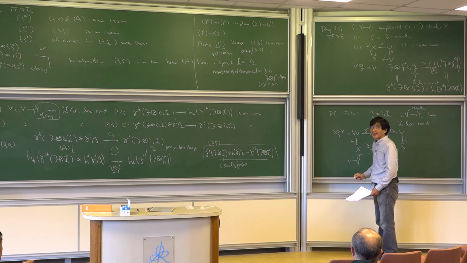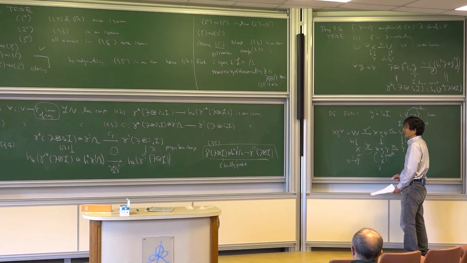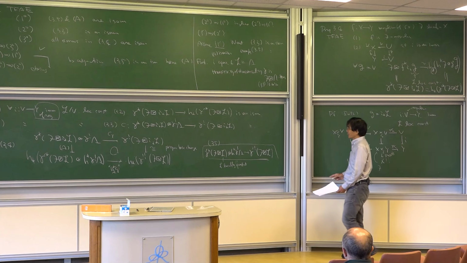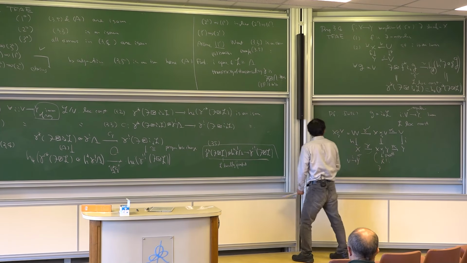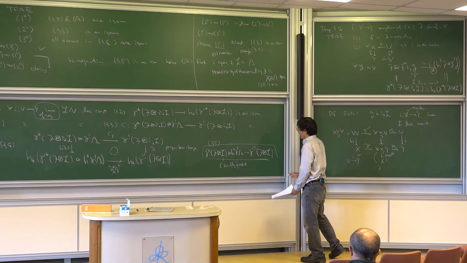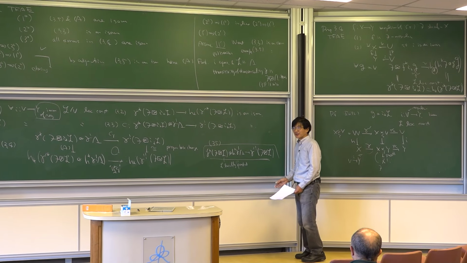Here everything is over V. So you're proving 3.5.